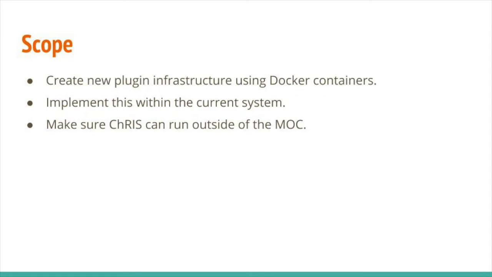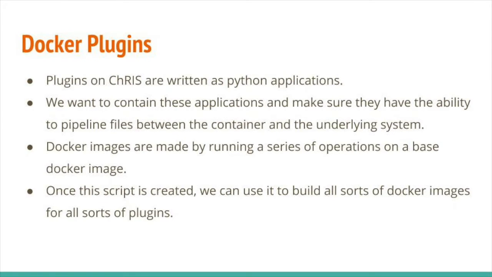The question then came of how these plugins worked, because without a good understanding of the functionality of the plugins, it would have been impossible to Dockerize them. The plugins are written in Python and contain functionality for file input, file output, and performing the necessary operations on these files.